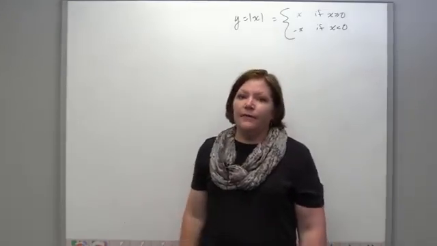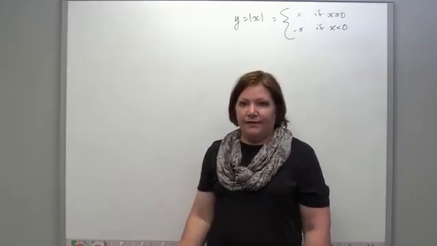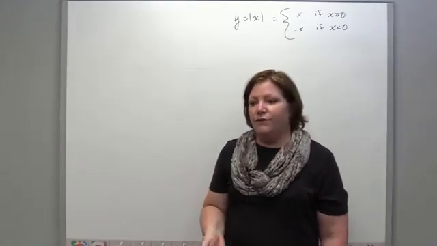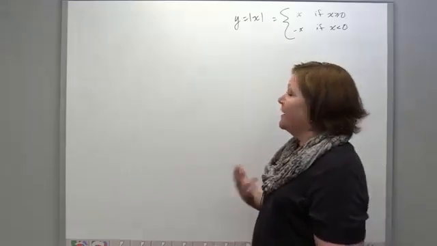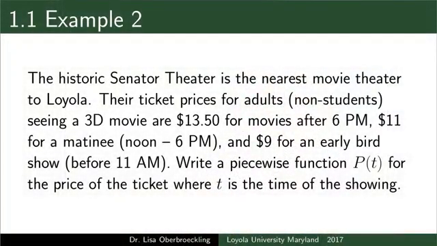Another example is movie theater ticket prices, which is a piecewise defined function. So Senator Theater, a historic theater near Loyola, if we're just looking at adult, non-student prices, not a senior, and we're looking at a 3D movie, it depends on what time the movie starts as far as what the ticket prices are.